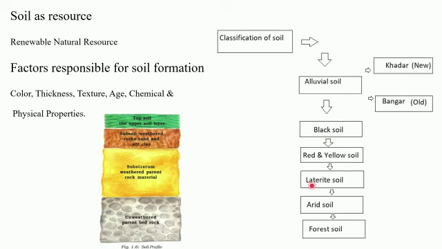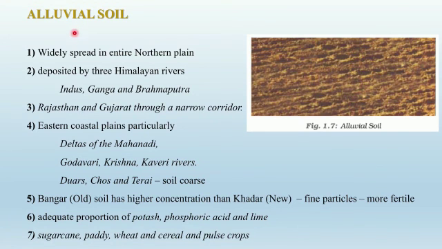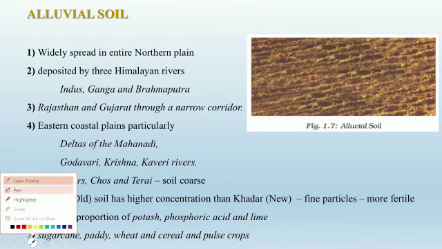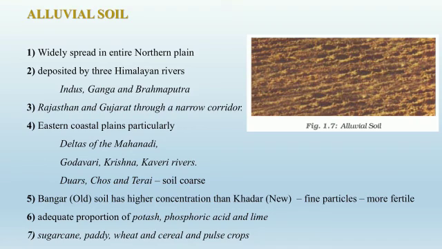Then, black soil, red and yellow soil, laterite soil, arid soil and forest soil. Alluvial soil is spread in the northern plain, deposited by Himalayan rivers. In this soil, paddy, sugarcane and cereals are cultivated, and it is rich in potash, phosphoric acid and lime.